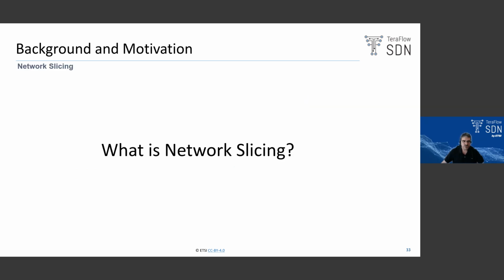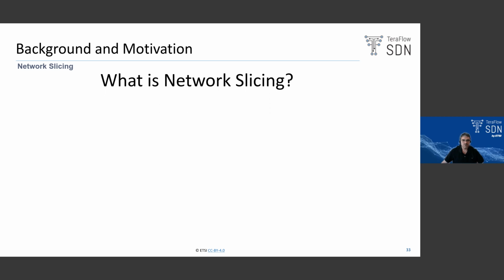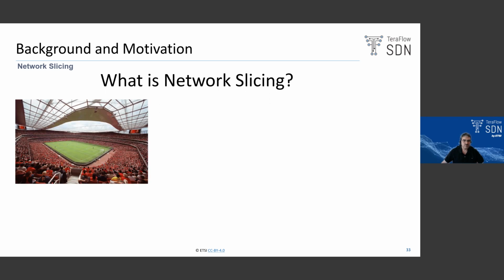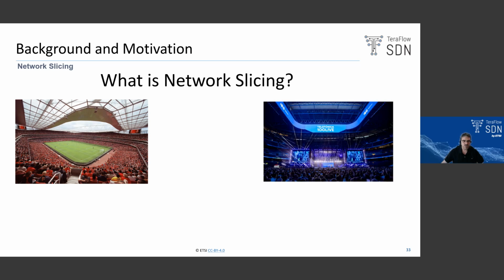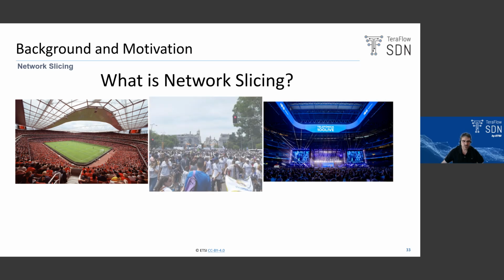Then, briefly, what is network slicing? Because this is a common question that arises every time. So the idea is that in particular situations, you might need some specific connectivity services, for instance, in sports events, in concerts, maybe just in a public event, whatever public event. Sometimes it happens that maybe you need to stream material.